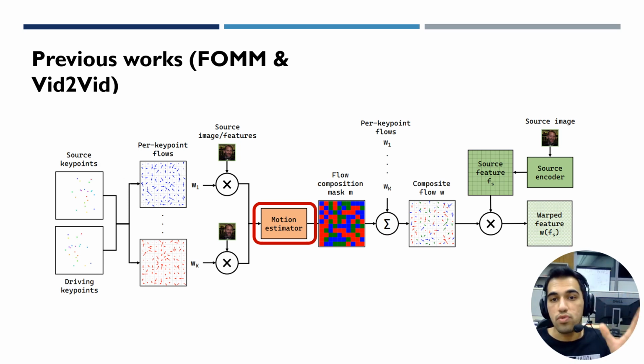Then they apply that mask, which relates to applying the attention of the importance of each key point to that specific part. And then they have this final flow field, which they apply to the features that they got from another network.